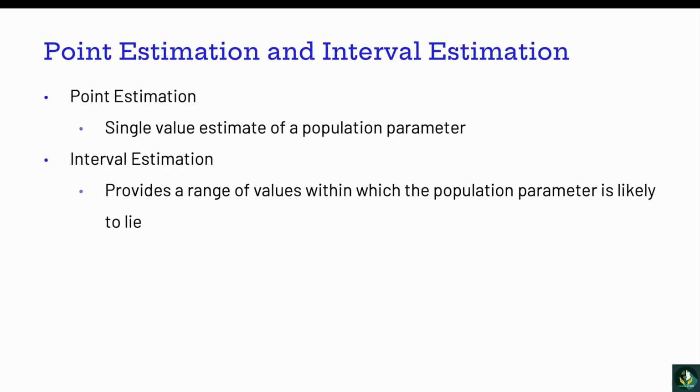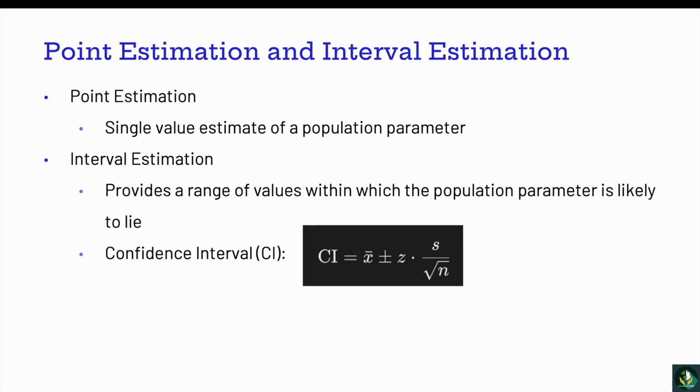The confidence interval formula is CI equals x bar plus or minus z times s divided by square root of n, where x bar is the sample mean, z is the z score corresponding to the confidence level, for example 1.96 for 95% CI, s is the sample standard deviation, and n is the sample size.